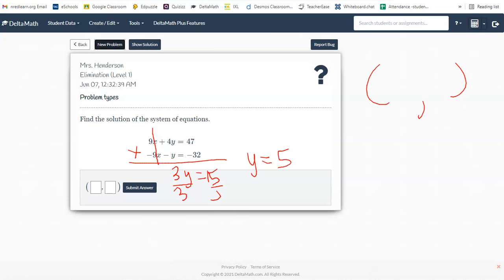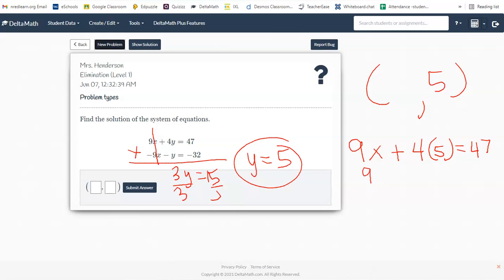Remember, there are 2 answers to a system. Once you get that first answer, erase and replace. I'm going to use the first sentence again. I'm going to erase the letter y and replace it with a 5. So 9x plus 20 equals 47.